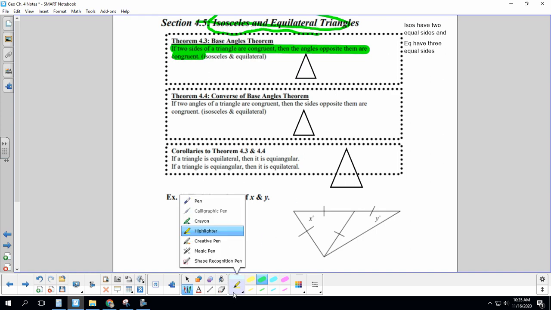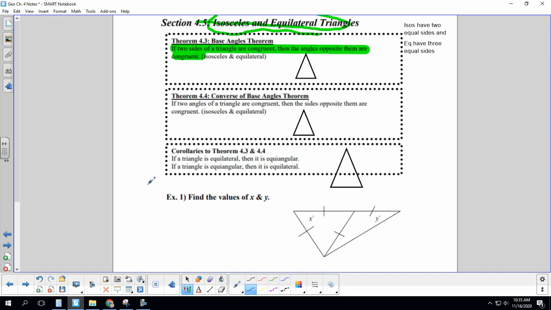So I wanted to, of course, draw you a picture because a picture's worth 1,000 words. If two sides of the triangle are congruent, so this is an isosceles triangle, then the angles opposite them, this one and this one, are also congruent.